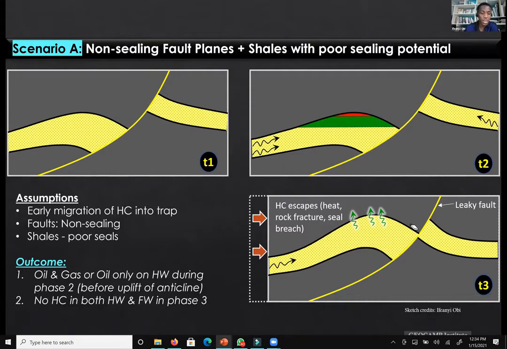So the outcome is that you don't have any oil or gas, and that's all because of poor sealing around, both lateral and vertical and overburden seal, and also the non-sealing fault plane.